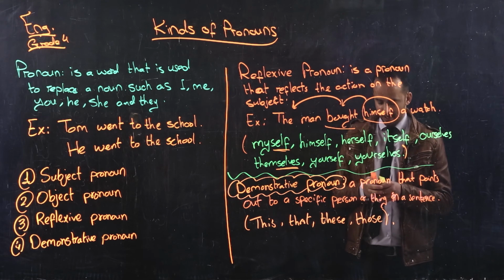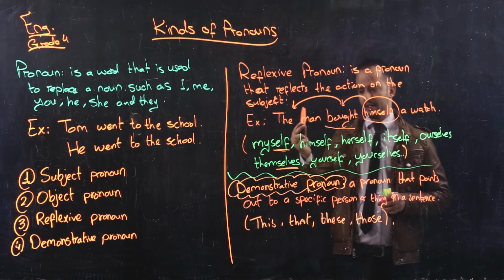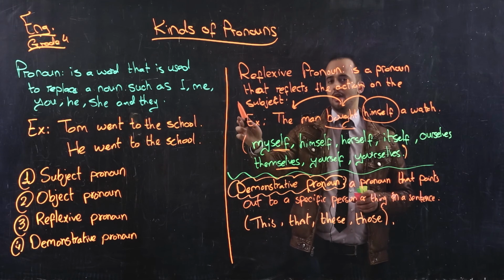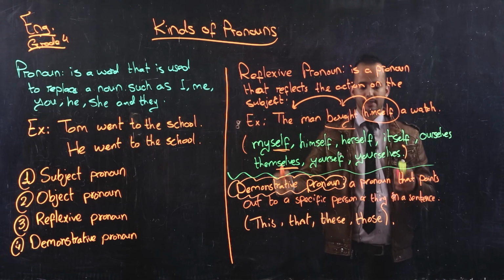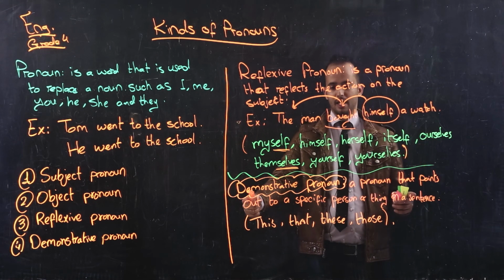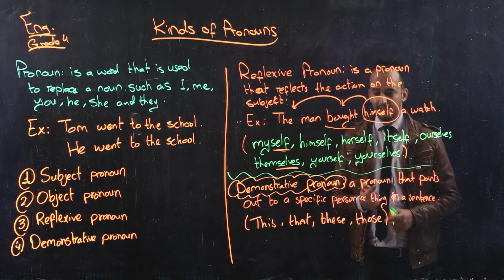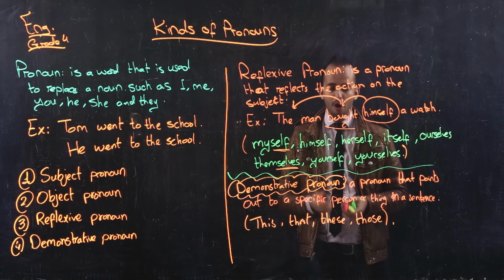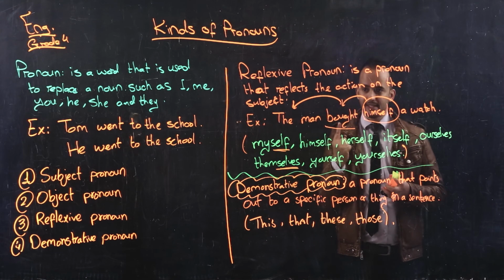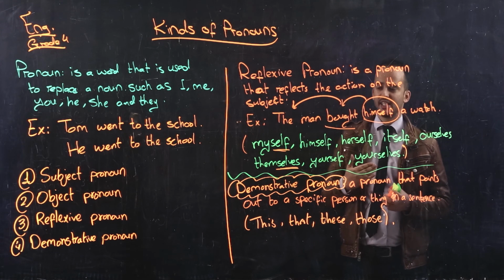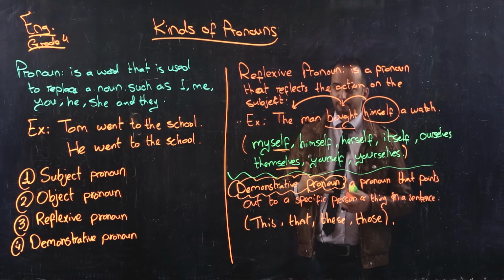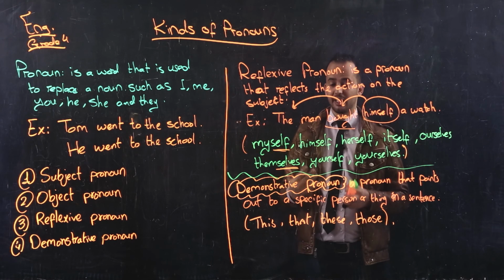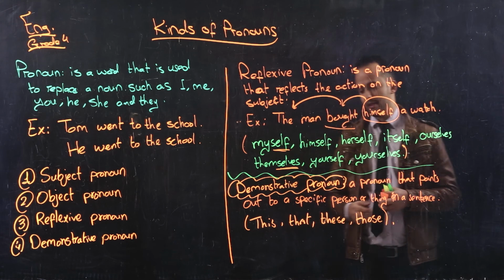For example, I say, this is a marker, this is a board, this is a sentence. It's only one and it's near to me, so I say this. What if it is a singular noun, but it's far away from me? If it is far away and still only one, then I will use that.